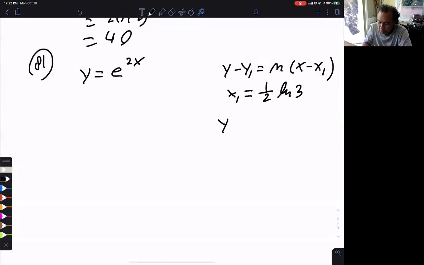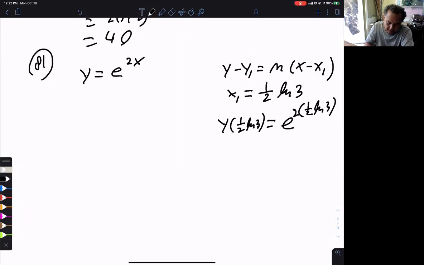Well, you just plug in your x1 to get your y. So in our y function, we replace x with 1/2 ln 3. And the 1/2 and 2 cancel. And here's where you have to know something about e and ln. They are inverse functions. They cancel each other out. Just like square root and squares cancel, you have to know that e and ln cancel out. So you're just left with 3.